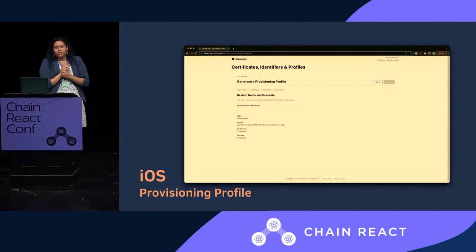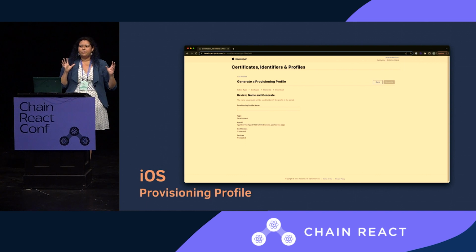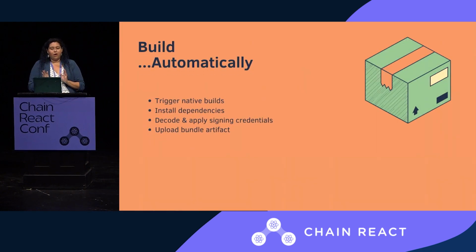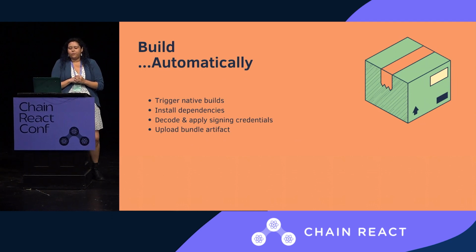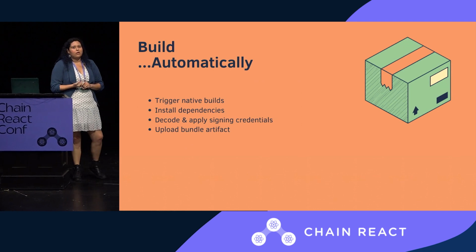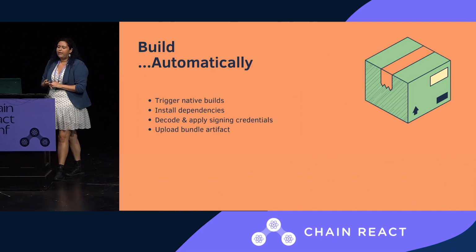So again, you can do all of this within Xcode. You can do all of the Android within Android Studio. But it's important to understand what's happening under the hood when it comes time to automate. So if you would like to automate this build process, the steps that are going to be involved is setting a trigger to trigger what's causing that native build. It could be on demand. It could be as a result of a PR or a commit.